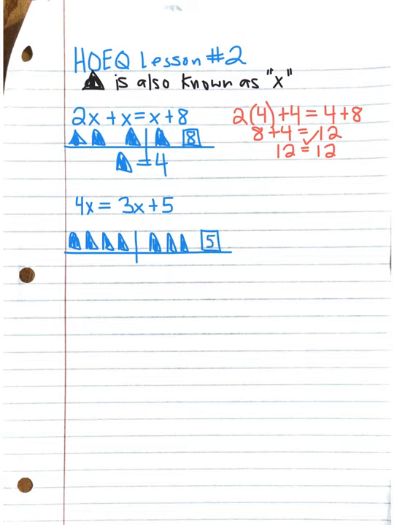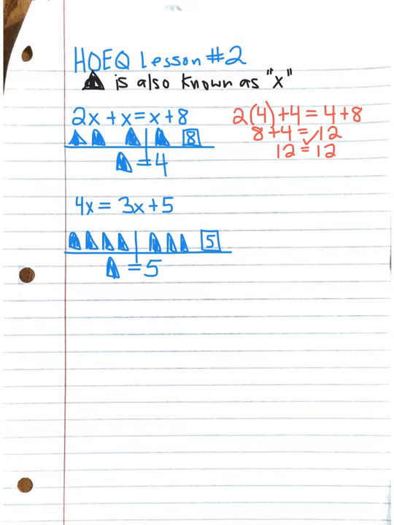Now you might be at a point where you're still guessing and checking. It's totally okay. Some of you are starting to develop some strategies. We talked about those, like what's the same on both sides, and what's different. In this situation, we've got those 4 triangles and 3 triangles, so you can think about what's balancing with each other, and we know that all triangles have the same value. So here we end up finding that our triangle is equal to 5.